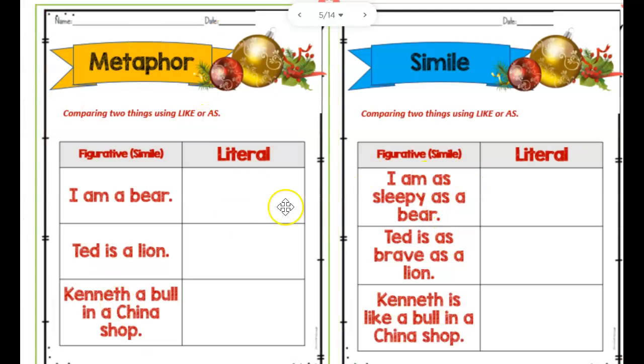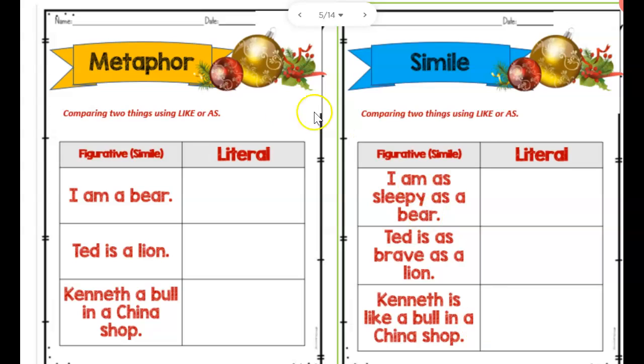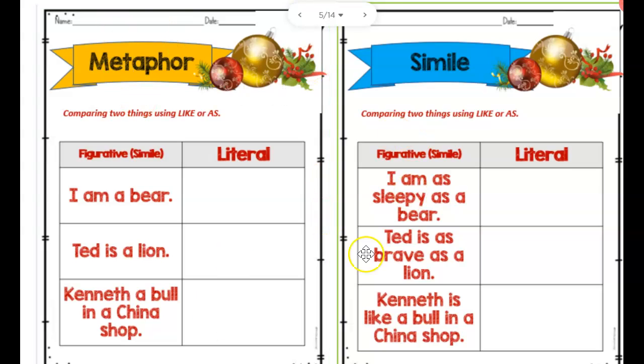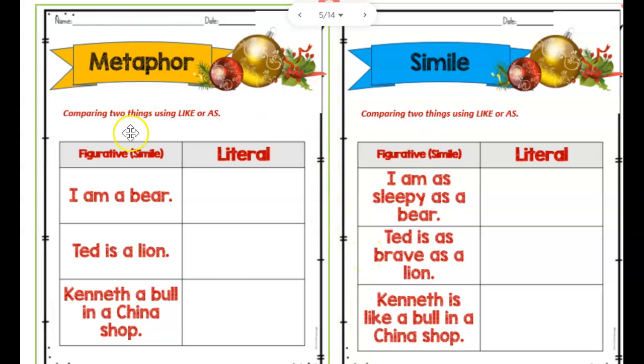We're going to do a quick practice at identifying the two things we're comparing and that it is a metaphor and what the literal meaning is. What is it actually telling us? What's the meaning behind the words? So we're going to start on this side. I am a bear.